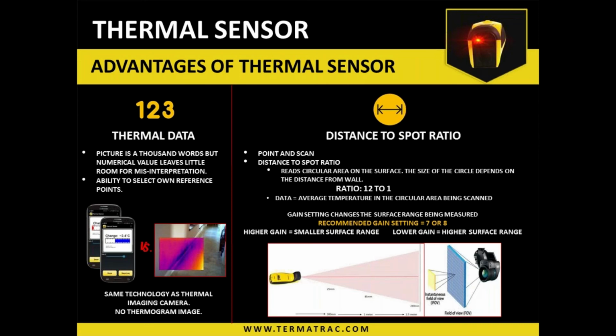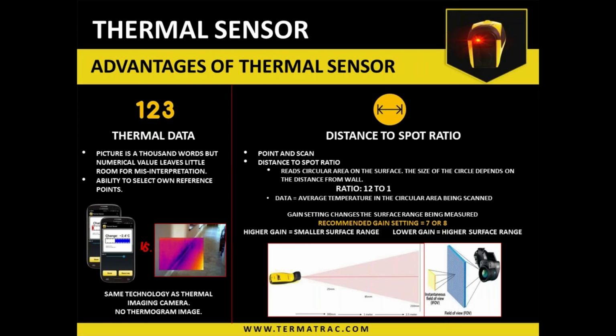Further back you go, the larger that area will become. Optimal use of it, you realistically want to be within a meter. The larger you go, you can get to too large of an area that you're trying to test. And because the surface temperature is averaged within the region, going too large can actually defeat what we're trying to achieve by averaging in the problem which may be present, but we may not see it with a too large of an area.